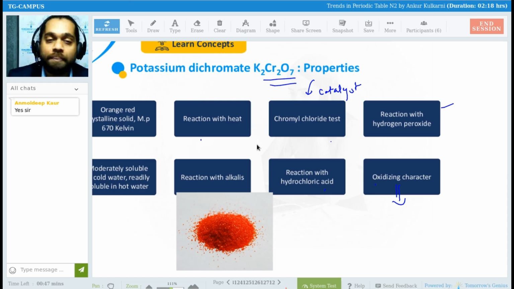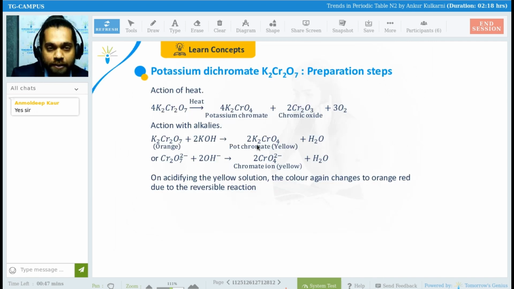It gives oxygen to the compound. Correct, it is something that gives oxygen to a compound. So these are some of the properties.